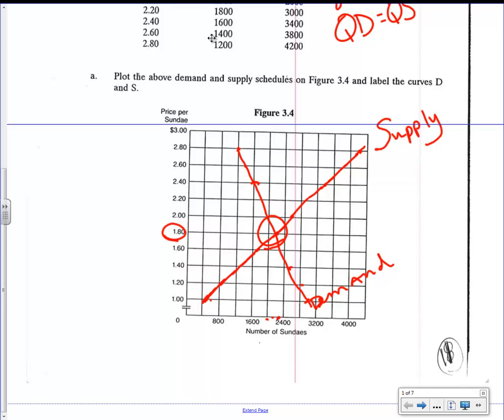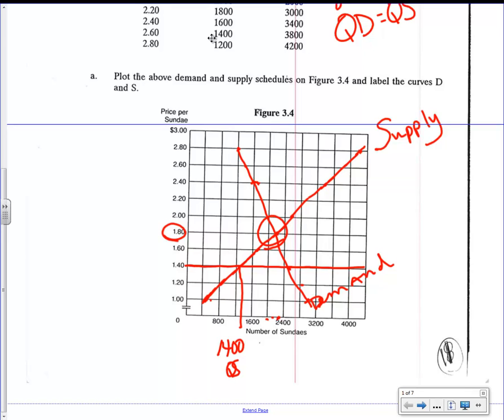At $1.40, when we draw this line, we come down at $1.40 and we have 1,400 quantity supplied.